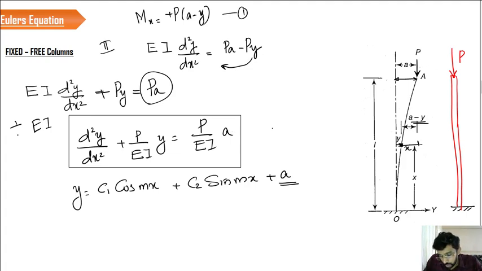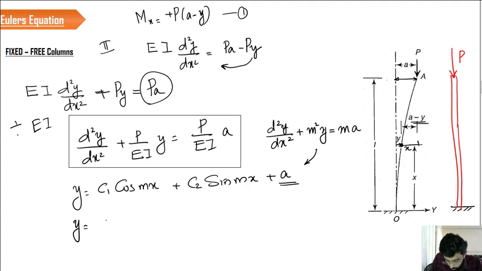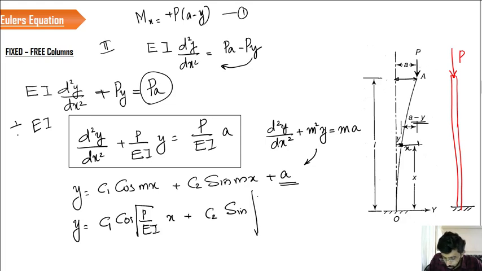That means the differential equation has become of the form d square y by dx square plus m square y is equal to m square a. For this kind of differential equation, the solution is this. If we substitute the value of m here, we get the solution for the column: c1 cos root of P by EI into x plus c2 into sin root of P by EI into x plus a.